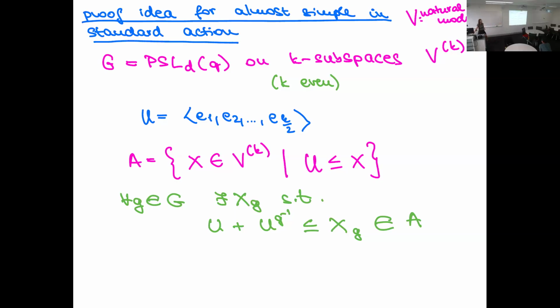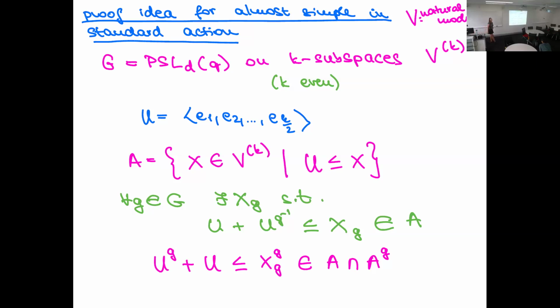And then U^g plus U will be contained in X_g's image under g. And then this will be contained in A and A's image under g, because it contains U^g and U as well.